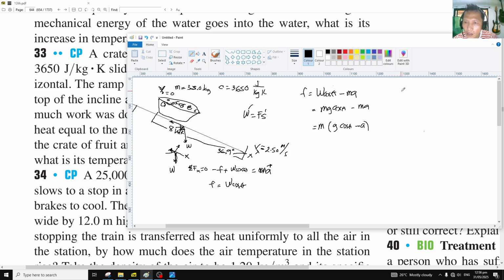Your a is from V final equals V0 plus at.